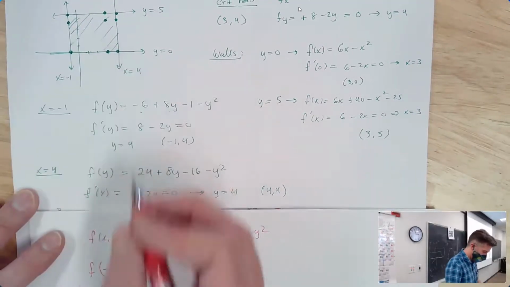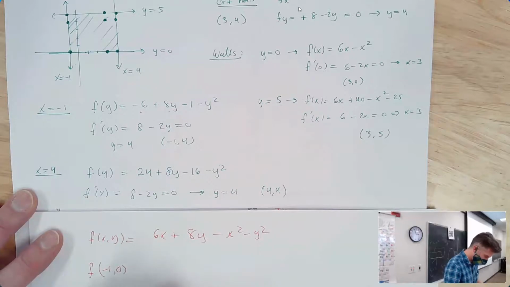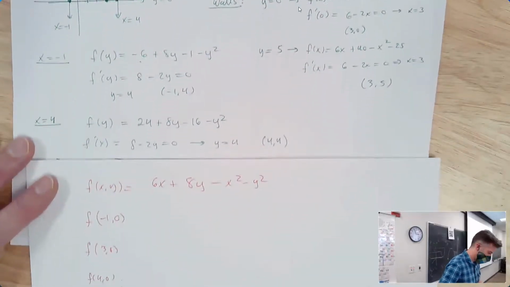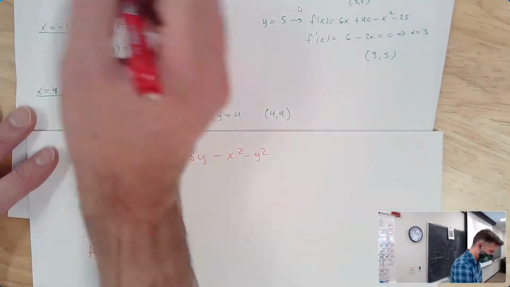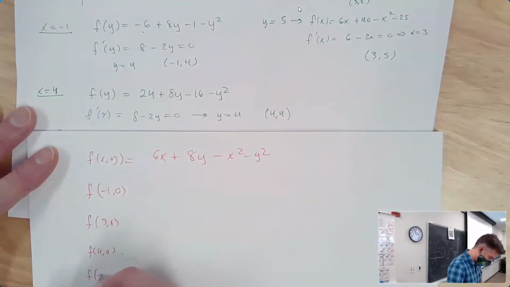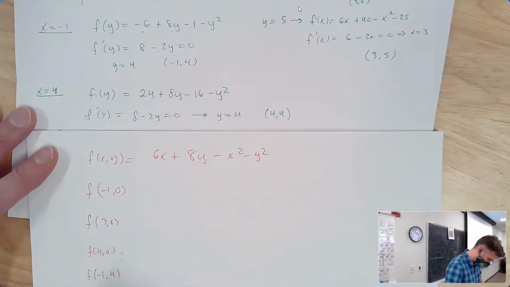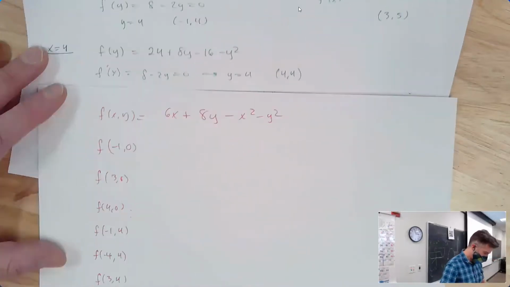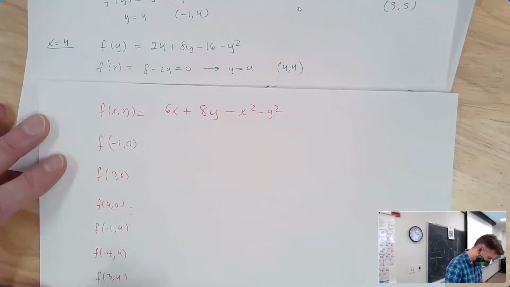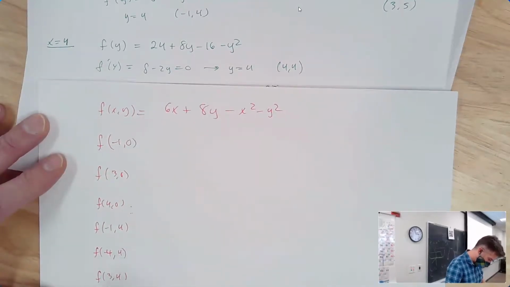So f of -1, 0, f of 3, 0, f of 4, 0. And then the y values all get to be 4. So f of -1, 4, f of 4, 4. I skipped one, f of 3, 4. And then finally, the y values get to be 5. So f of -1, 5, f of 3, 5, f of 4, 5.